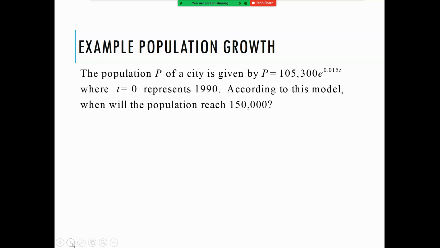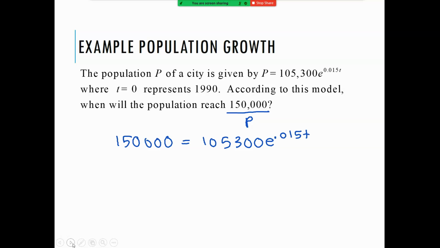According to the model, when will the population reach 150? So this right here is going to represent P. So we'd say 150,000 equals 105,300 e to the 0.015 t.